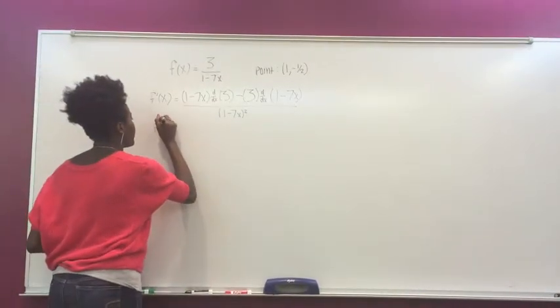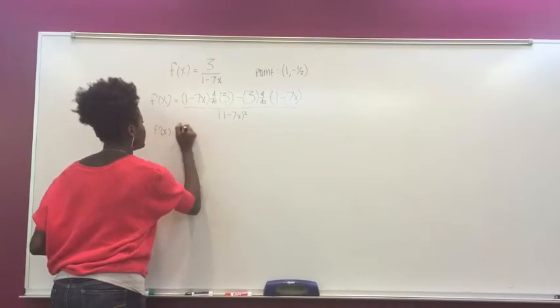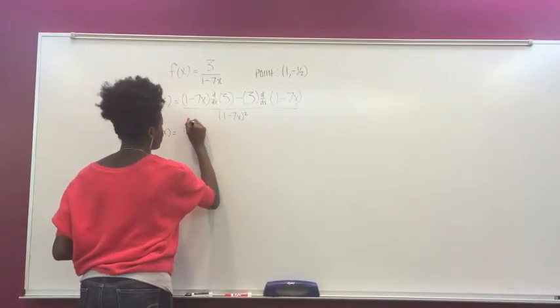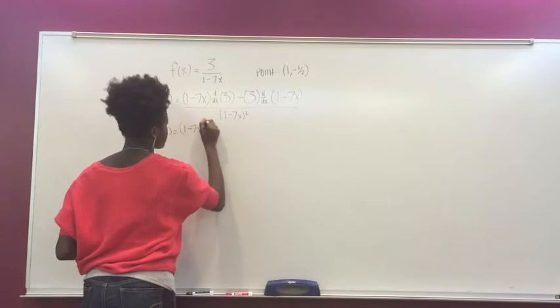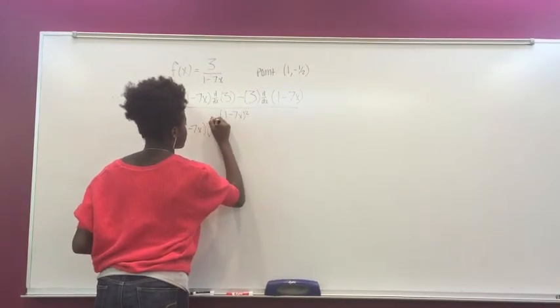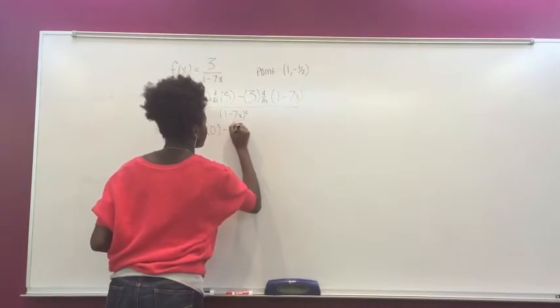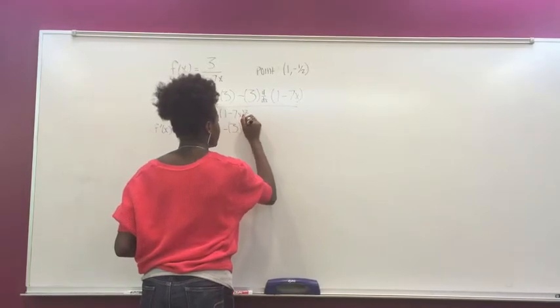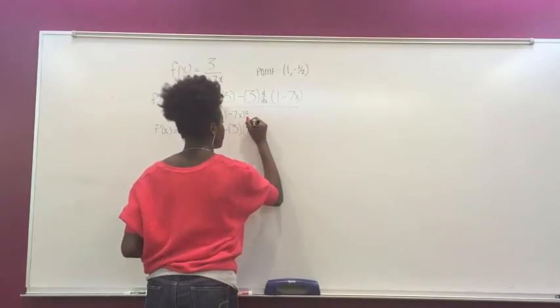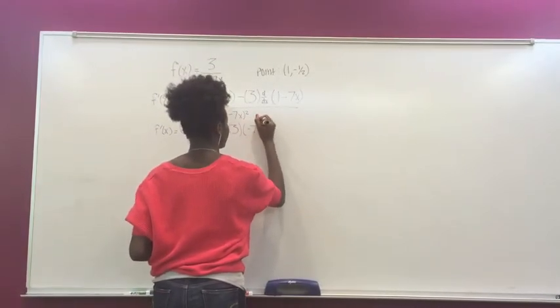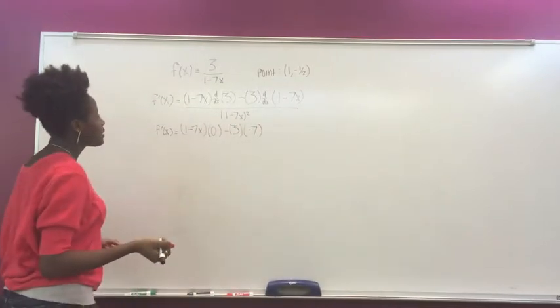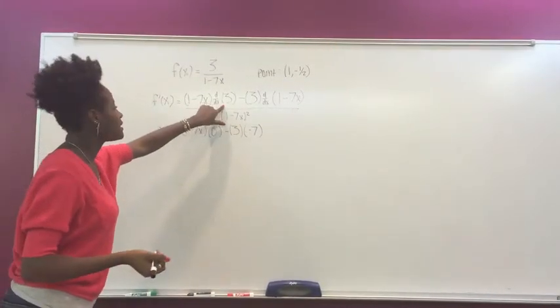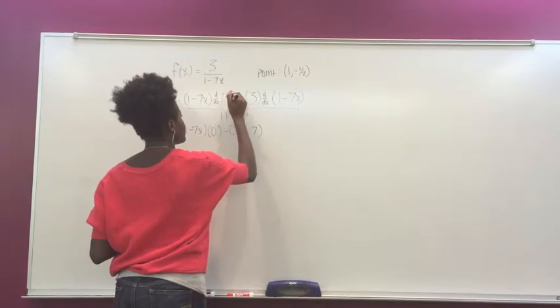Then once you rewrite it, actually having taken the derivatives, you get (1 minus 7x) times 0 minus 3 times negative 7. And you get that because the derivative of a constant is always 0.